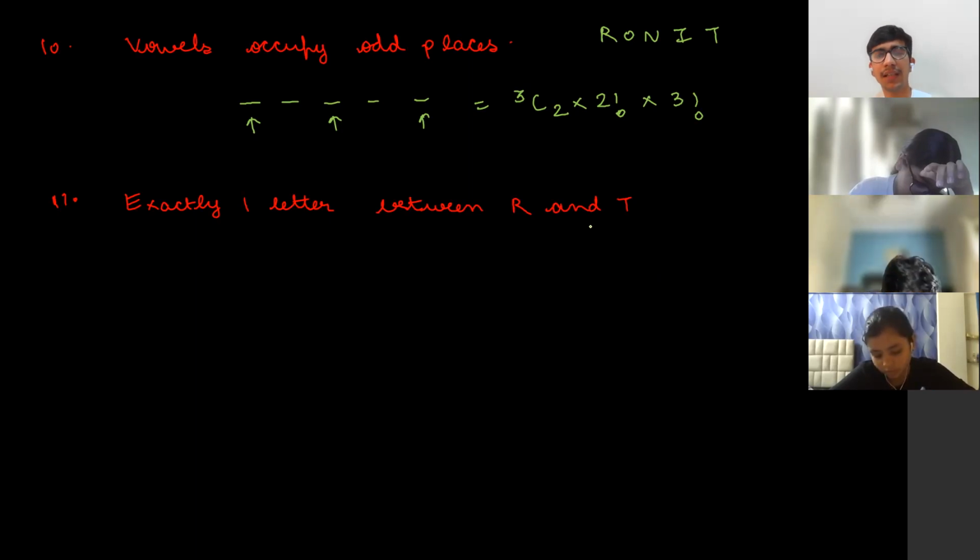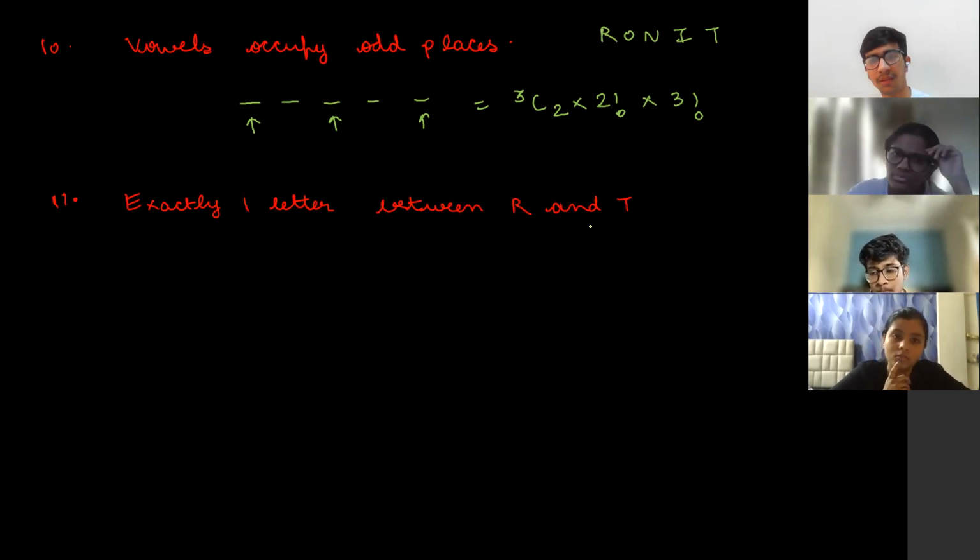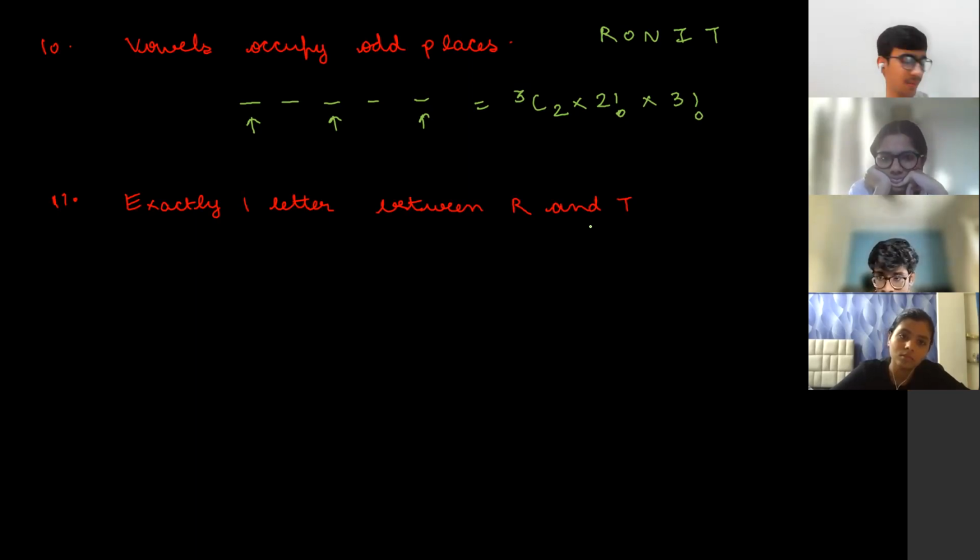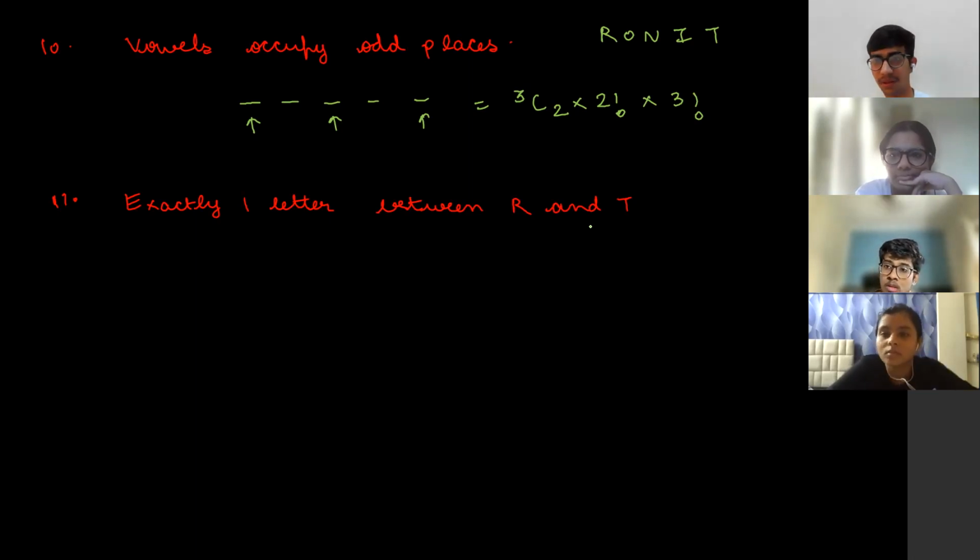Okay, what if I give the case vowels should occupy odd places? So what is the difference? There is a difference in both questions. Think, vowels should occupy odd places. Okay, sorry. So how will that happen? There are only 2 vowels for 3 places. So the question is odd places should be occupied by vowels, the reverse of it.